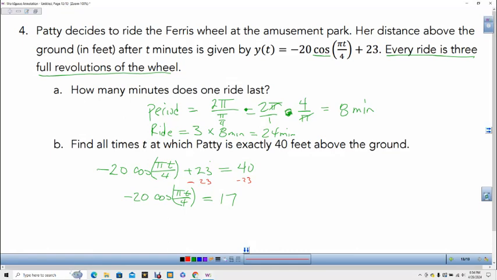All right, so then we're going to divide each side by negative 20. So we end up with cosine pi t over 4 is equal to negative 17 over 20.